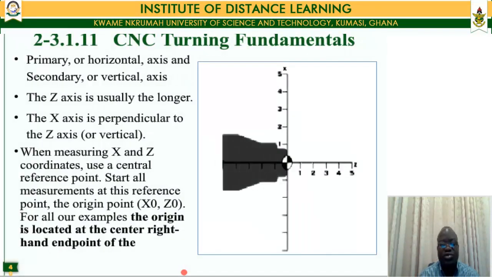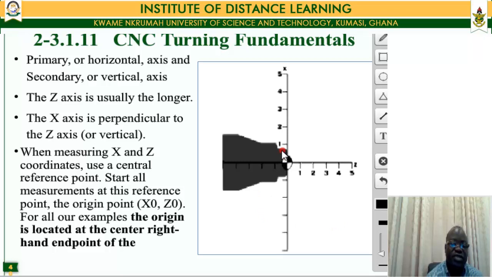So when it comes to the fundamentals, we are looking at CNC turning fundamentals, like the CNC lathe machine fundamentals. Now, for the CNC lathe, the absolute zero is actually positioned if you have, let's say, a blank that is inserted into the CNC lathe.